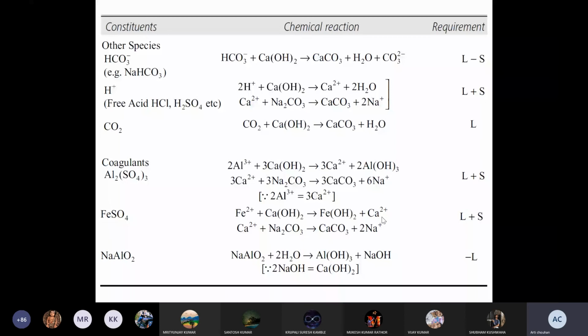So if NaOH is being produced here, you have to consider that, and subtract that much amount of lime from the value. In lime and soda requirement, all the values are whole numbers, there is no space for fractions. So we are considering that 1 lime is being produced here, and you have to subtract that much lime when you calculate the lime requirement for the softening process.